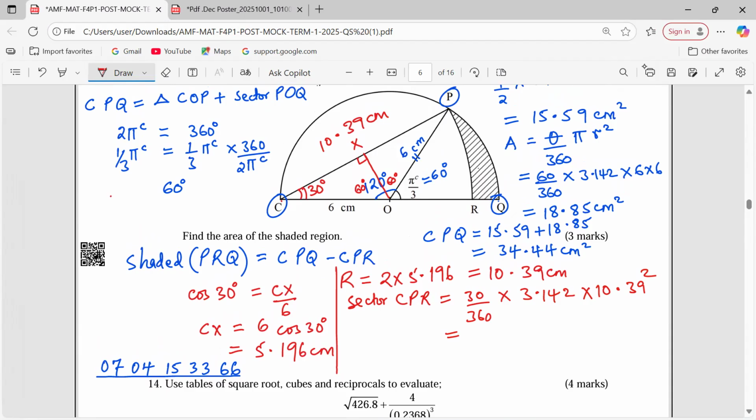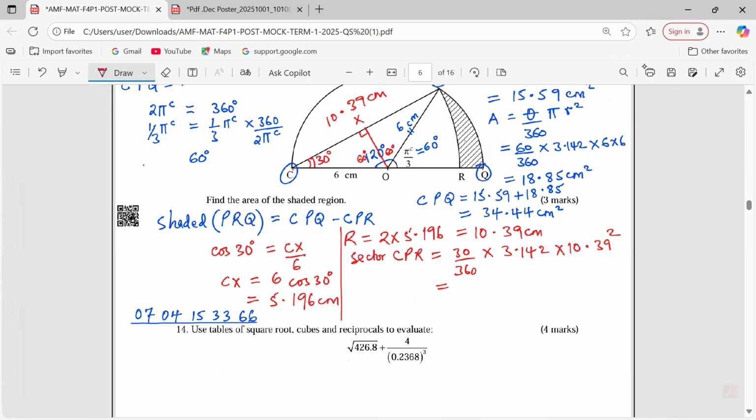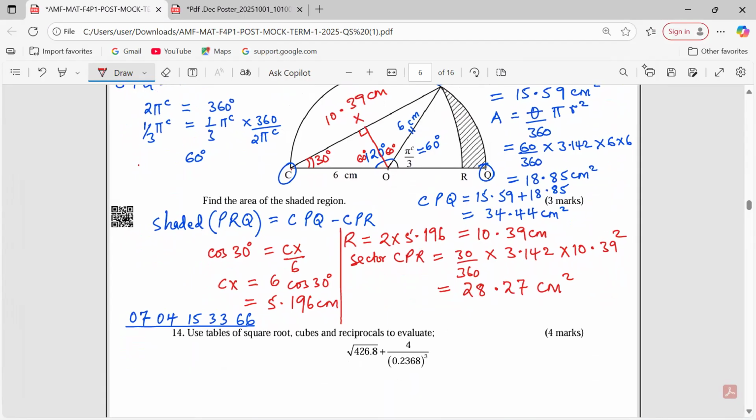Let me compute this one now: 30 over 360 multiplied by 3.142 multiplied by 10.39 squared. This gives us 28.27 square centimeters. So we got the area of that sector.